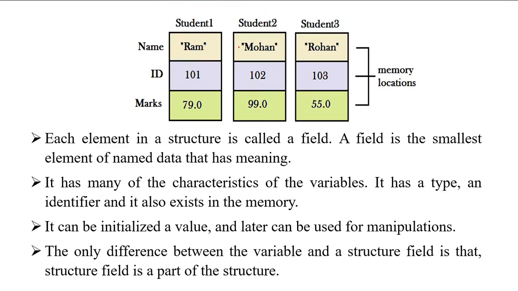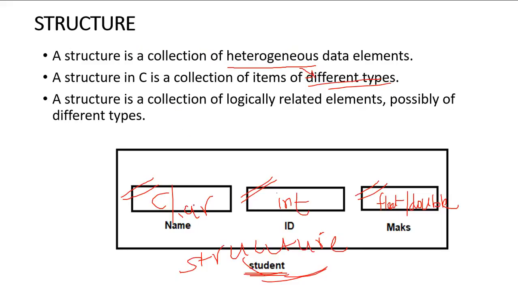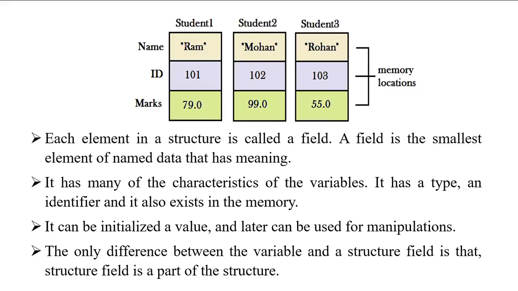Here I have created 3 different variables of type structure. My structure has these 3 fields, so if I declare a variable of that type, that variable will also have those 3 fields. Every field will store its respective data.